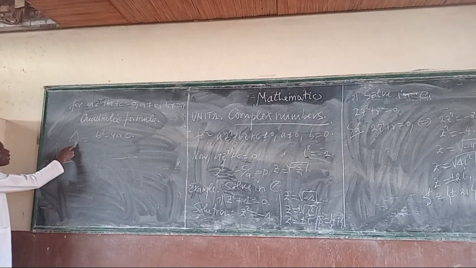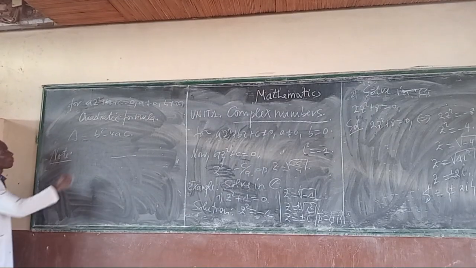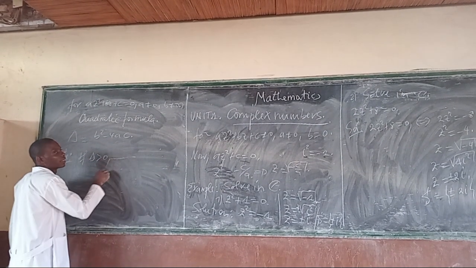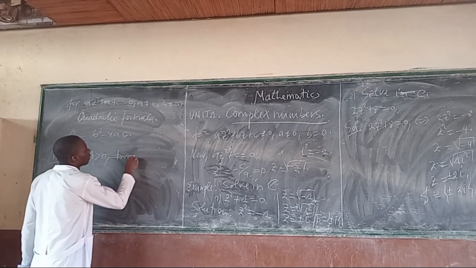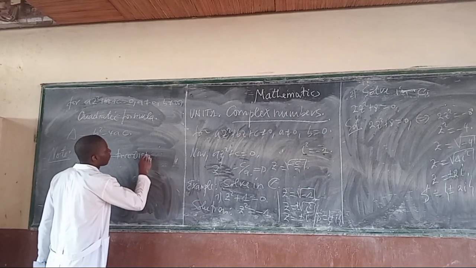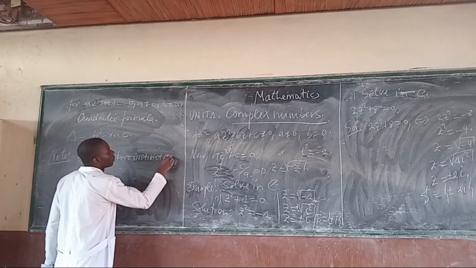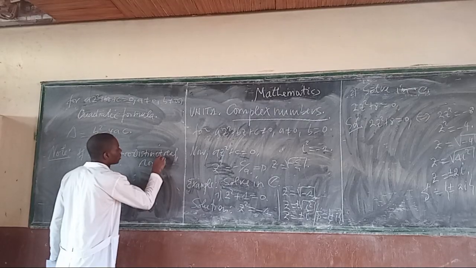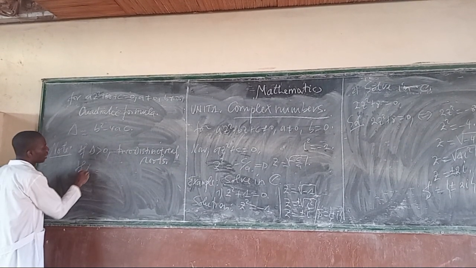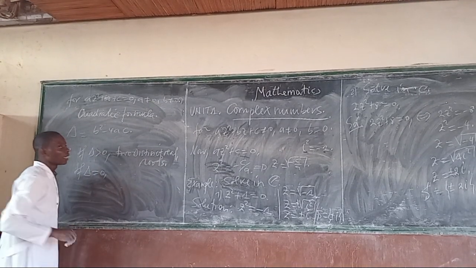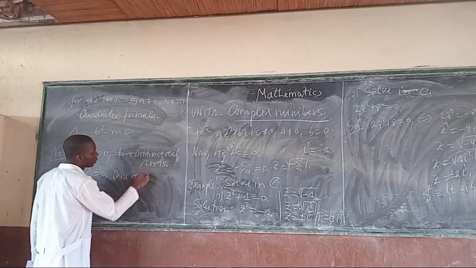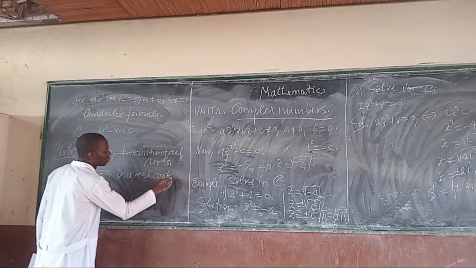When we solve and find this determinant, we have to know that if the determinant is greater than 0, in this case we have two distinct real roots. And if the determinant is equal to 0, in this case you have one real root.